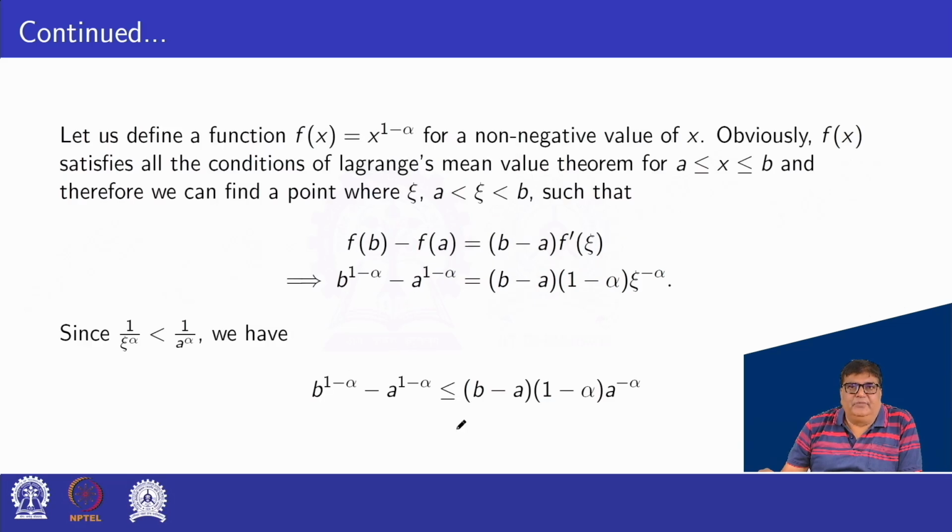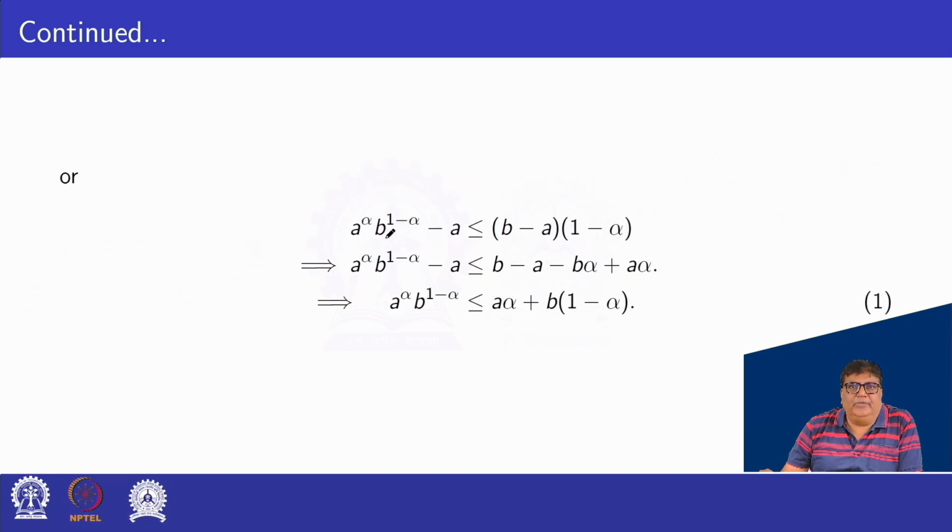Simplifying this, dividing by a to the power minus alpha, we get a to the power alpha b to the power 1 minus alpha minus a less than or equal to b minus a times 1 minus alpha. Multiplying these two terms, we get b minus a minus b alpha plus a alpha.